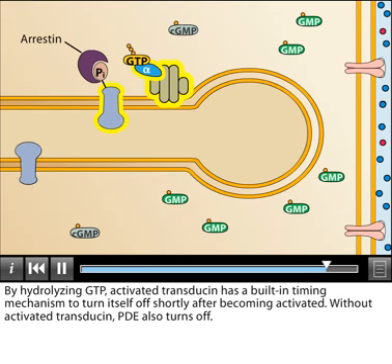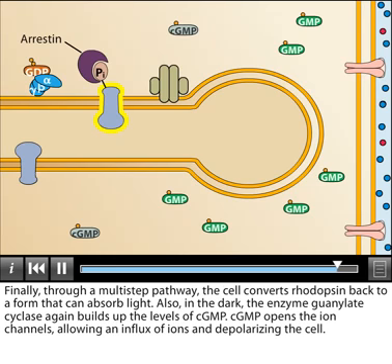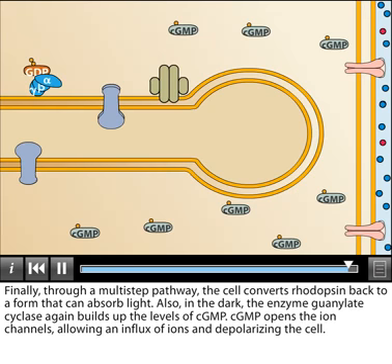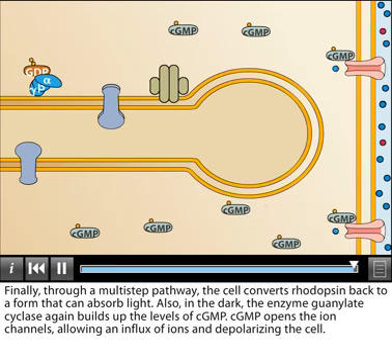By hydrolyzing GTP, activated transducin has a built-in timing mechanism to turn itself off shortly after becoming activated. Without activated transducin, phosphodiesterase also turns off. Finally, through a multi-step pathway, the cell converts rhodopsin back to a form that can absorb light. Also in the dark, the enzyme guanylate cyclase again builds up the levels of cyclic GMP. Cyclic GMP opens the ion channels, allowing an influx of ions and depolarizing the cell.